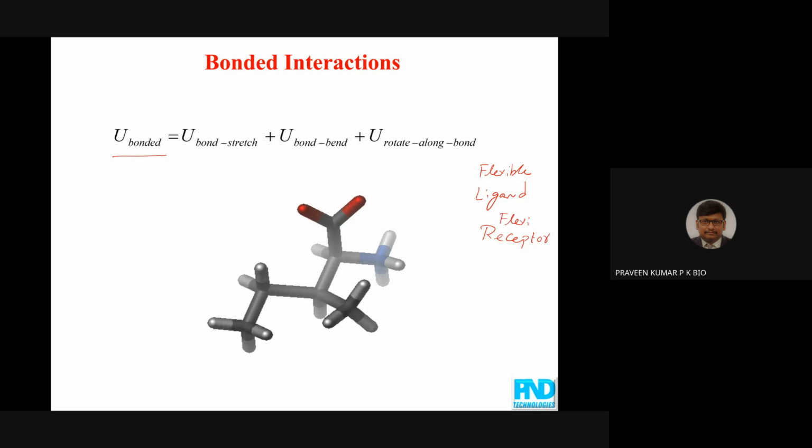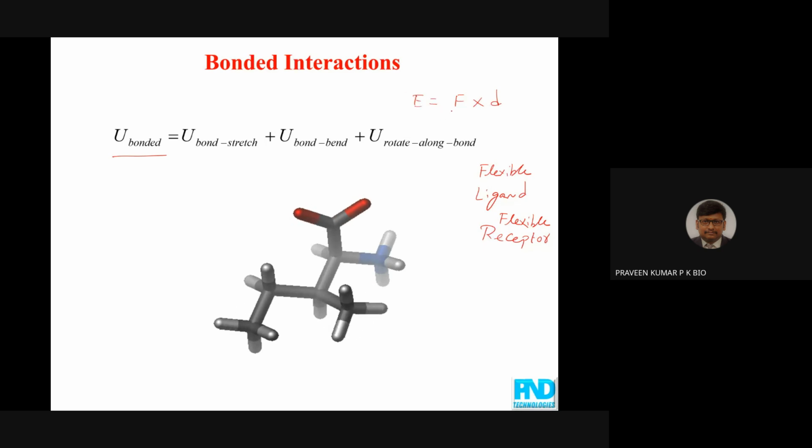Nowadays, whatever docking softwares we get utilize flexible ligand versus flexible receptor docking. Only the old softwares had rigid versus rigid, but nowadays we have flexible. So obviously we can anticipate these bonded interactions. This is also used to calculate initially the force. If you calculate the force from the force field, then force into distance gives the energy.